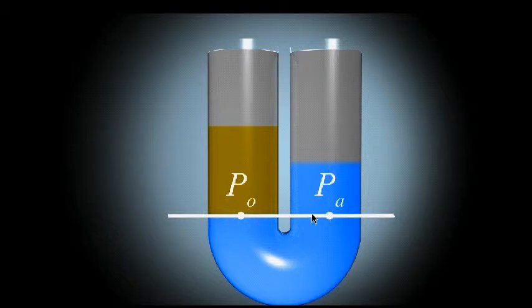So the pressure of water at the same elevation, here we have the contact, has to be the same. I use A here because water in Portuguese is água, and I use that in my videos in Portuguese. So sorry for English-speaking people. You have to think of that as a W. Oil, água. Okay? Oil, water.